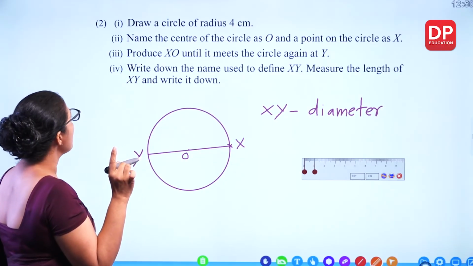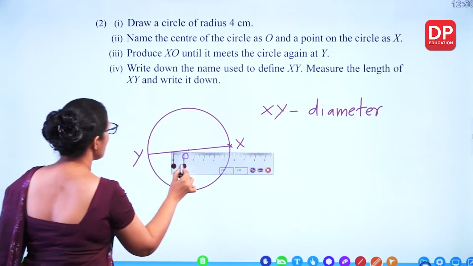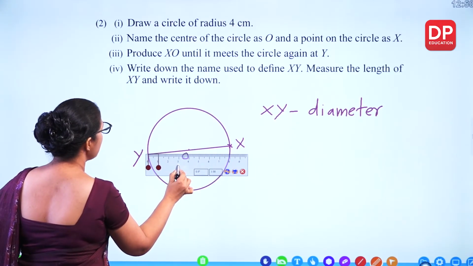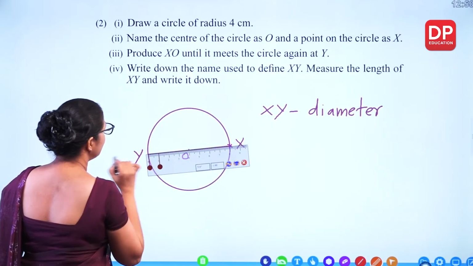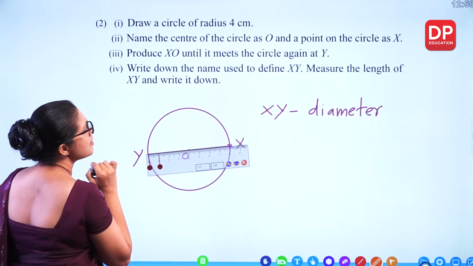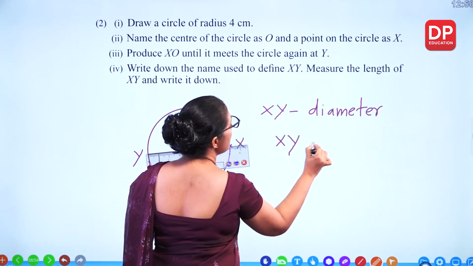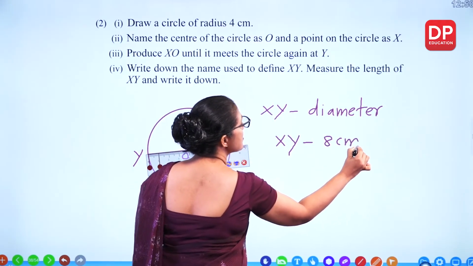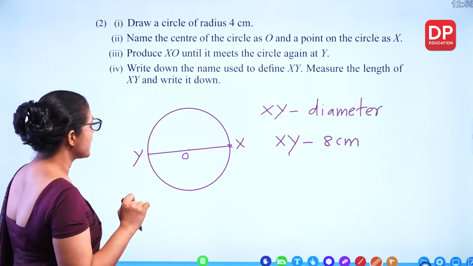Measure the length of XY and write it down. So we'll measure X and Y length. So 8 centimeters. So XY length is 8 centimeters. We can see double of the radius.